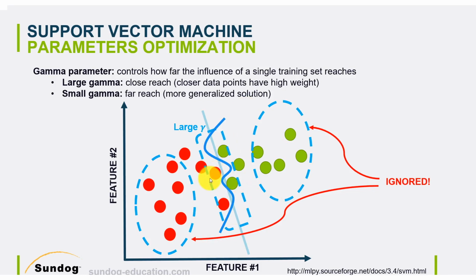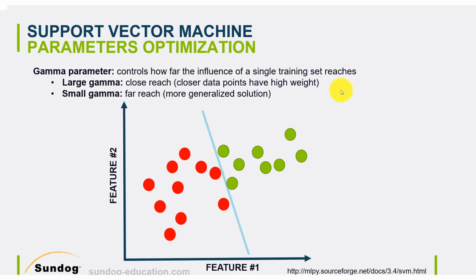However, for a small gamma, I can have far reach. I can remove this and have a wider reach, so I can have a more generalized approach. Again, you can tune and change the gamma and C parameters to get maybe better results. I'm going to show you as well how we can tune the parameters to get optimized results.